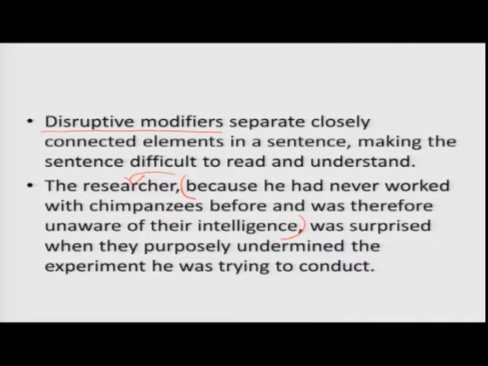So, you want to say the researcher was surprised when the chimpanzees purposefully undermined the experiment he was trying to conduct. This is the main idea, but this modifier here interrupts the flow of reading. So, maybe one way is you take this entire part and place it in the very beginning, and then the flow continues.